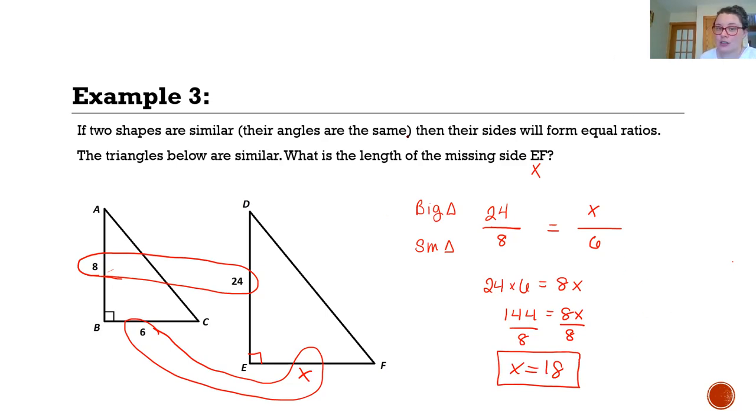I'll put it up here just because there's space. If you wanted, you could say small triangle equals large triangle, and compare the two sides that way. You could say 8 over 6 equals 24 over x. 8 times x, you're still going to get the same thing. 6 times 24, you're going to get 144.